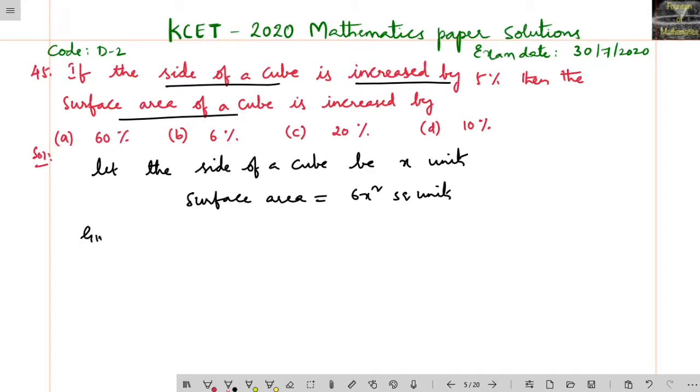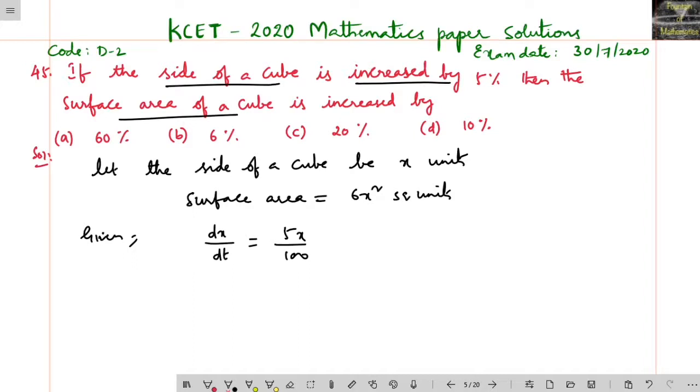So what is given in the question? Given that side of a cube is increased by 5%, means your dx by dt is equal to 5%, increased by 5% means 5 by 100, 5x by 100 we can take.